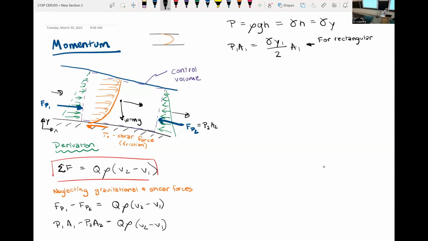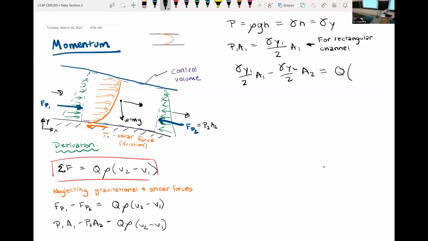Different channel shapes have different relations. So substituting that in, you've got gamma Y1 over 2 A1 minus gamma Y2 over 2 A2 equals Q rho.